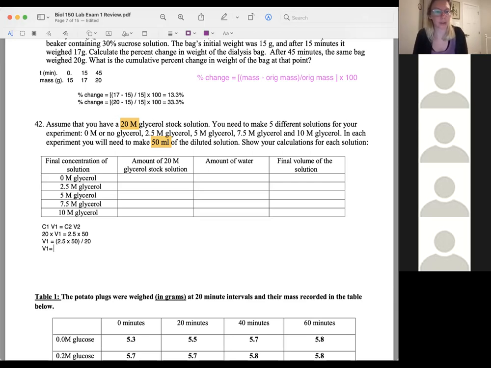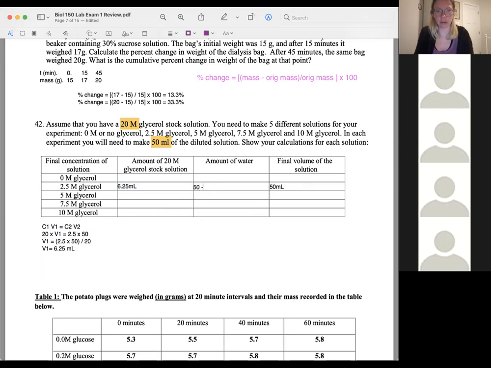All right, so who has the solution to this one? 6.25. Excellent, yeah, 6.25 milliliters of that stock solution. And since we want our final volume to be 50, we're going to have to make up the rest of that volume with water.